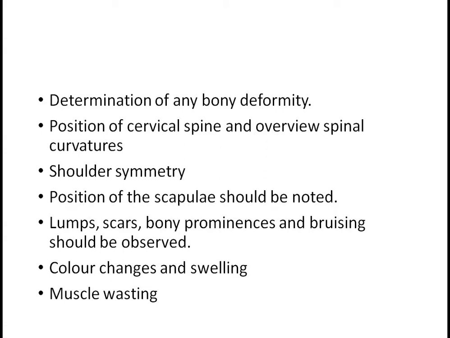The position of the scapula should be noted, specifically in such patients with frozen shoulder. Are they more or less symmetrical, lying approximately 3 fingers from the midline, or excessively retracted or protracted?